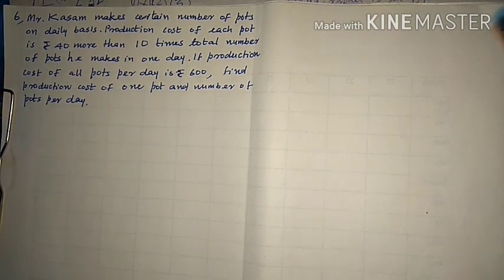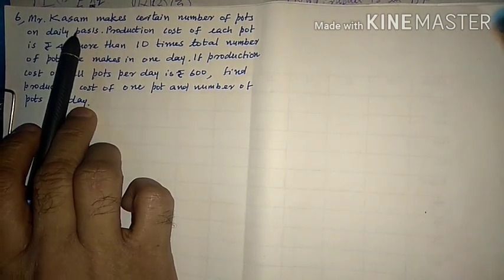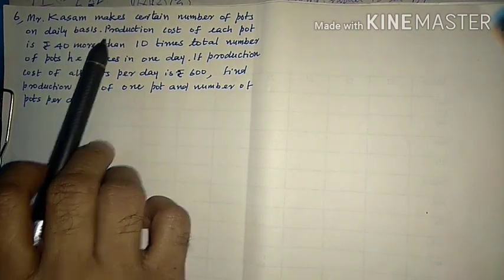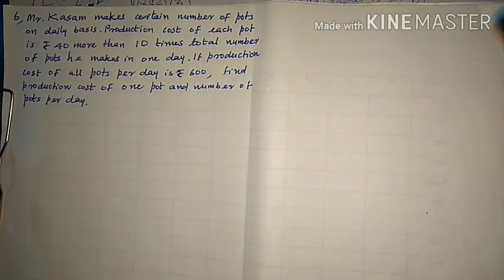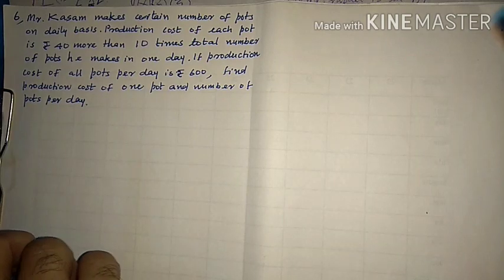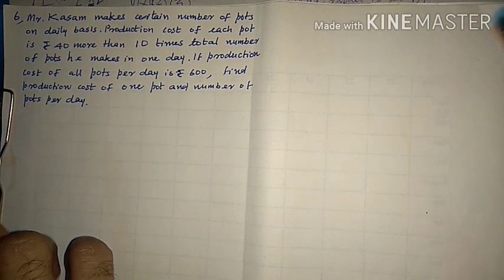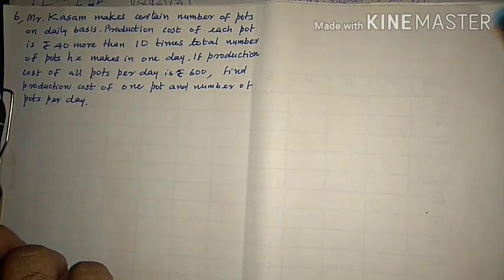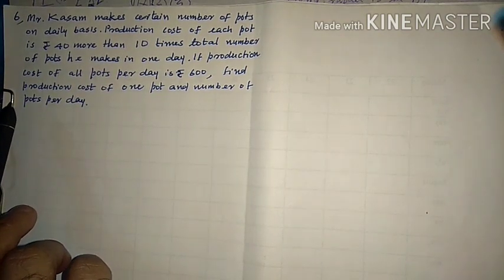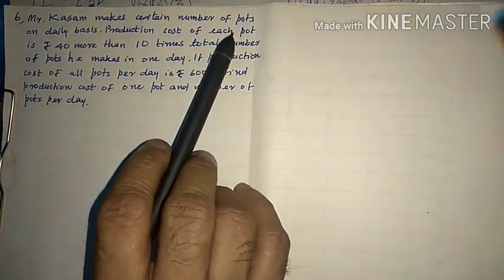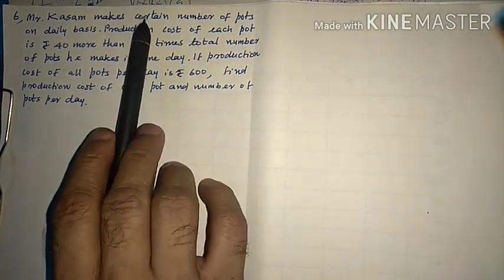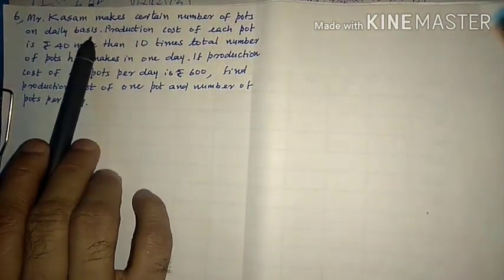Now we pass on to question number 6. Question number 6 says: Mr. Kasam runs a small business of making earthen pots. Matka, we keep water in them, earthen pots he is making. He makes a certain number of pots on a daily basis.